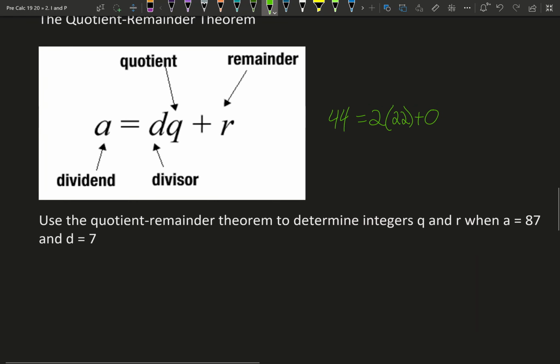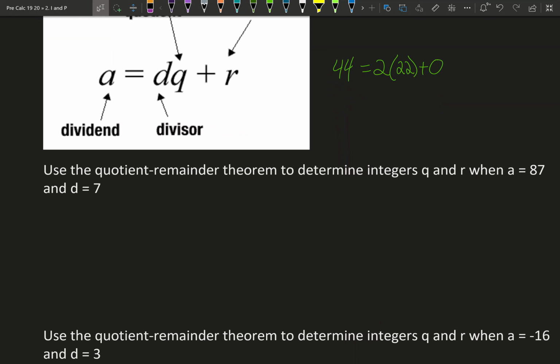This is just a true statement because we have already done the division. Here we can take a look and see what types of problems we will start off with for the quotient remainder theorem. So use the quotient remainder theorem to determine integers q and r when a is equal to 87 and d is equal to 7. That's just a long way of writing out when you divide 87 by 7, what's the quotient, what's the remainder.